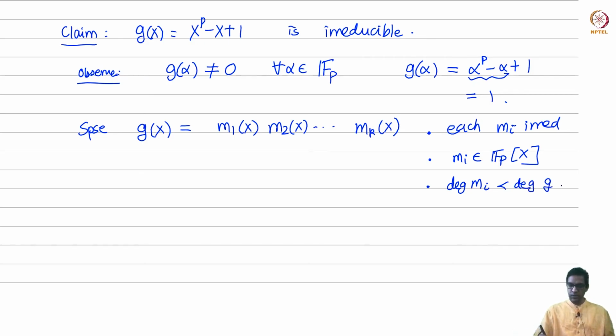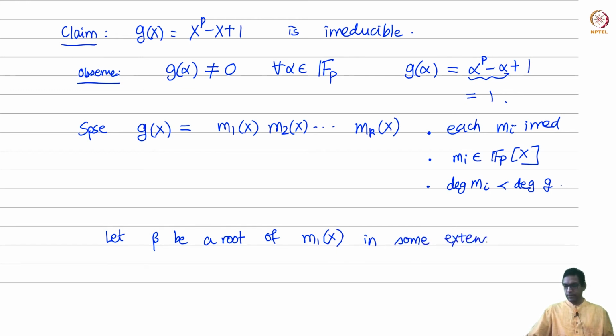Okay, now let's do the following. Let's take the first polynomial m1(x), and that's some irreducible polynomial. So it has a root in some extension of Fp. Okay, so let beta be a root of the first polynomial m1(x) in some extension of Fp.